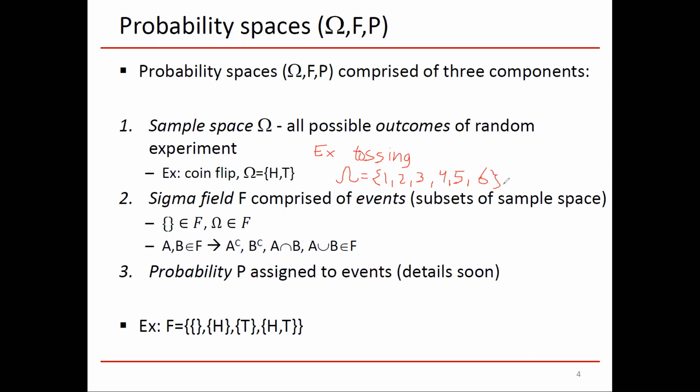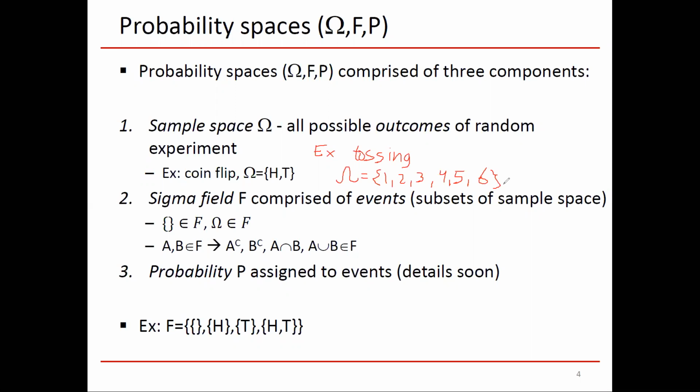The sigma field denoted by F is comprised of events, and there are some requirements on those events. But first of all, what is an event? Events are subsets of the sample space, omega. So first of all, the empty set must be in the sigma field F of events. Secondly, omega itself must be in the set F. Now there are 2 more requirements.